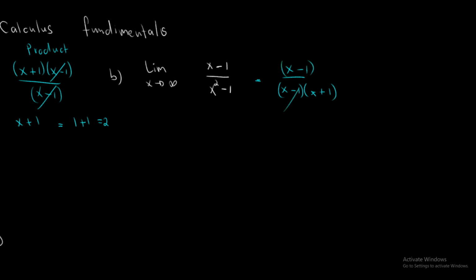And now I can simplify, so I'm then left with 1 over x plus 1, which will then give me, if I substitute infinity into the equation, I have infinity plus 1. That gives me 1 over infinity, which is then equal to 0.